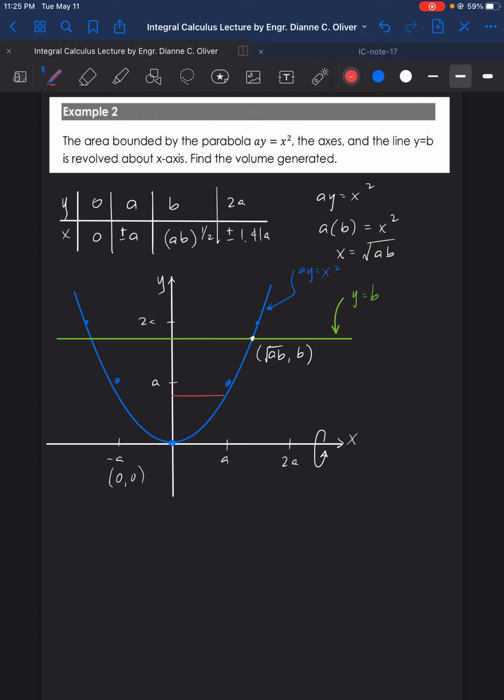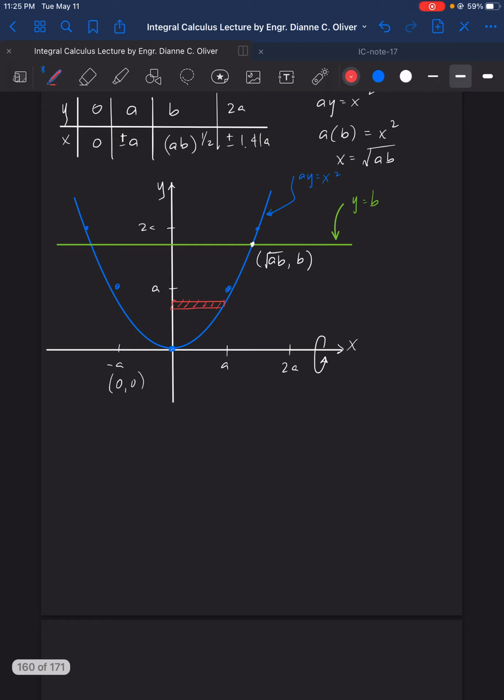Okay, so if we use here the horizontal area strip, therefore we will use the shell method. And the formula is v is equal to 2 pi integral of x, y, then this is x dy. So therefore we use dy, and the limits y1 to y2.